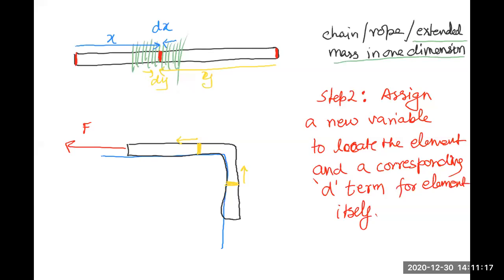If a physical quantity is asked for the whole chain, then that physical quantity must be the sum of the physical quantity associated with each element. So to find it for the whole chain, once you have found it for one element, all you need to do is add things up.